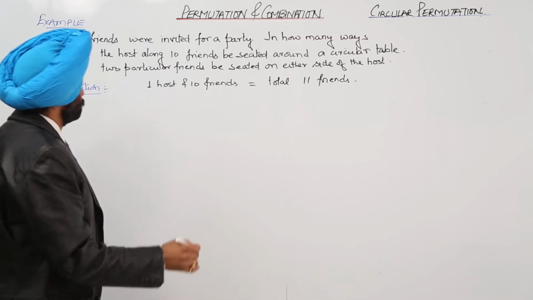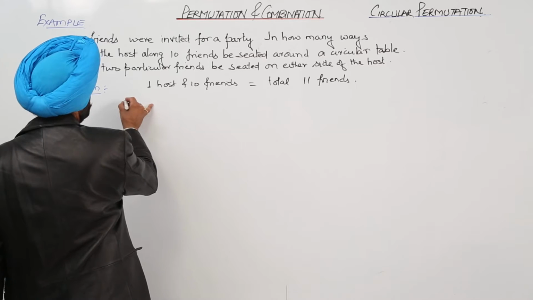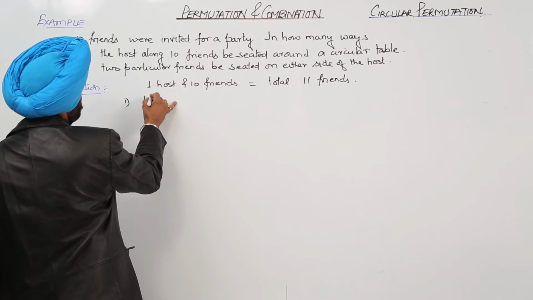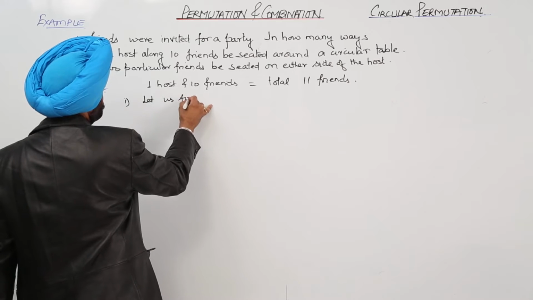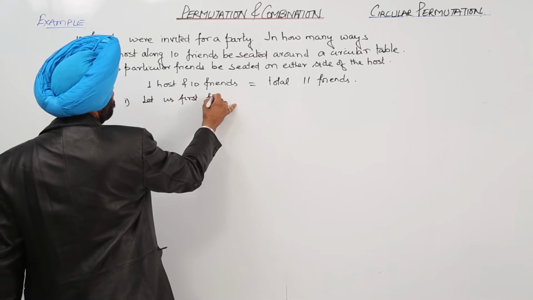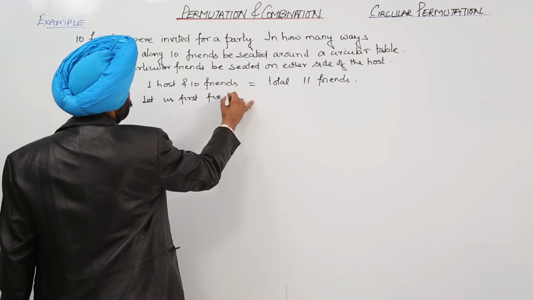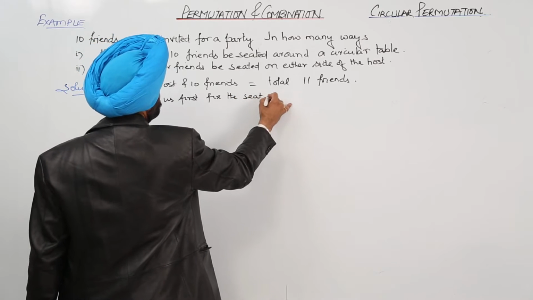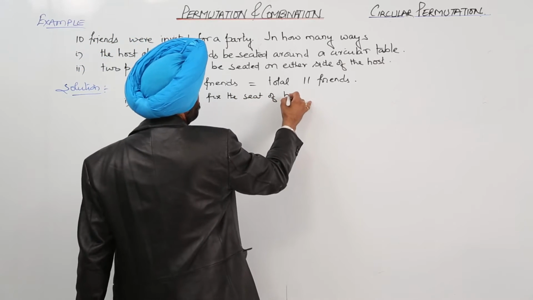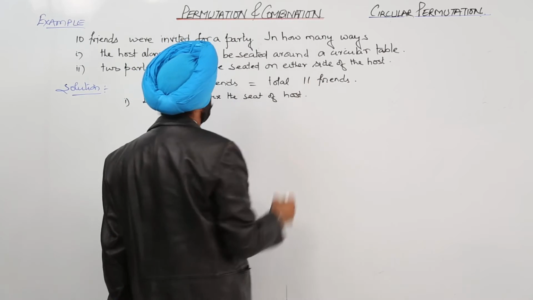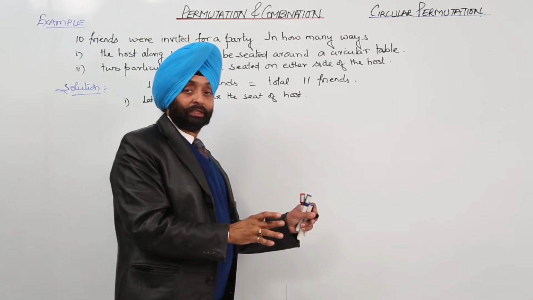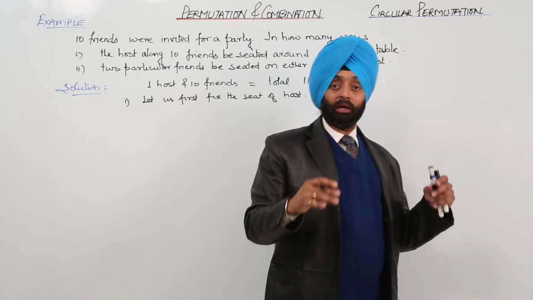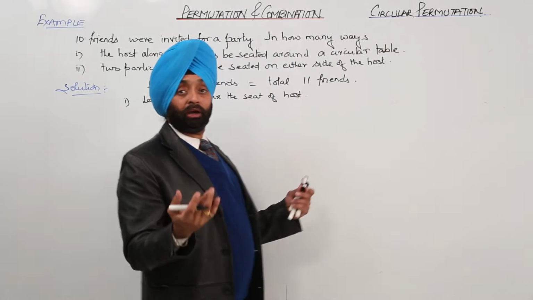Now let us first fix the seat of the host. On the circular table, the host is already seated, which means that seat is fixed. Now the remaining 10 friends will be sitting in how many ways?